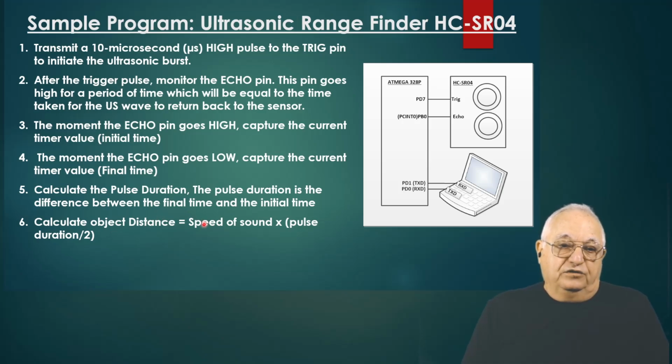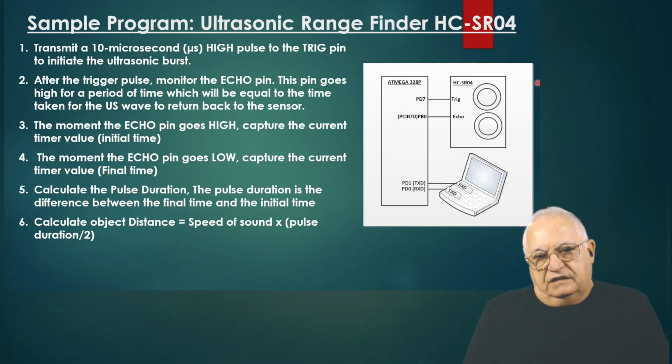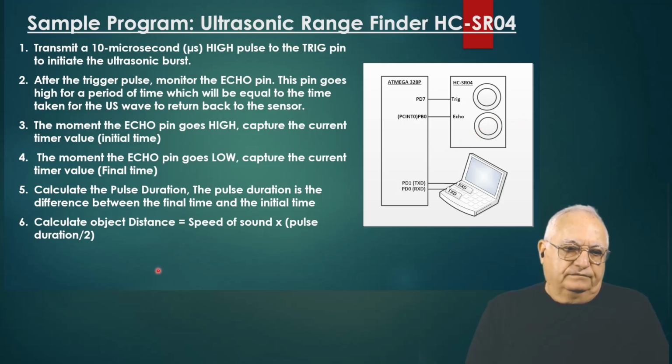The distance is going to be the speed of sound, that's how fast the sound wave that was emitted is traveling, times the pulse duration, but that has to be divided by 2 because the pulse duration is going and coming back. So we only want the coming back portion. So velocity times time gives you distance.